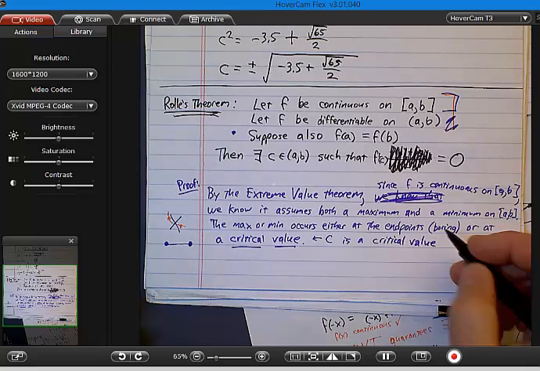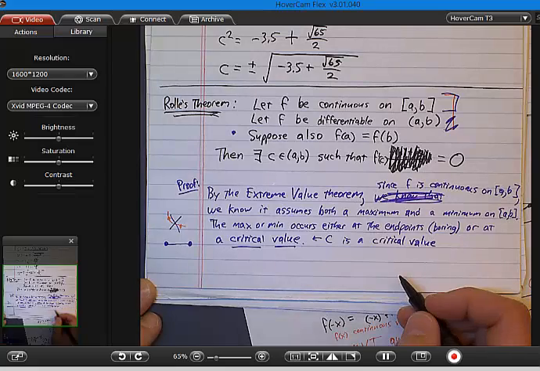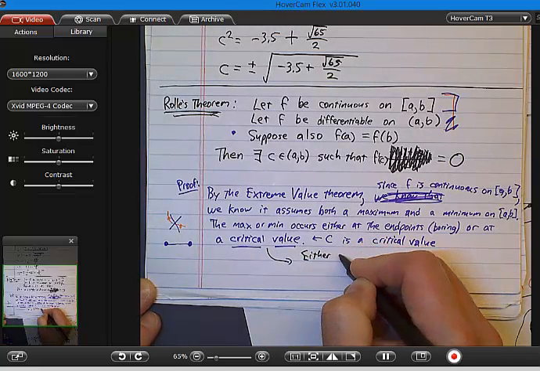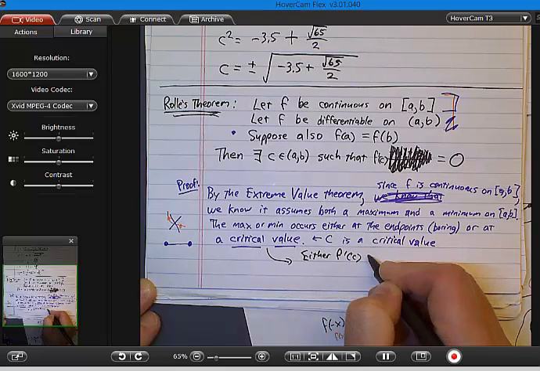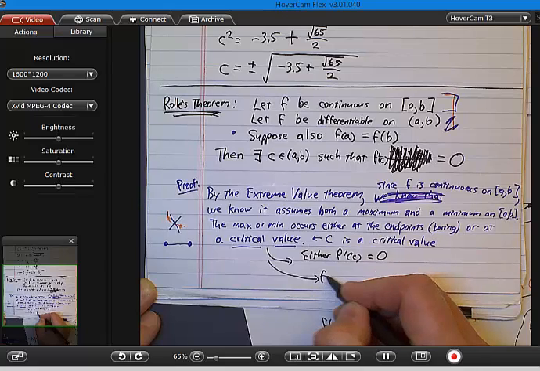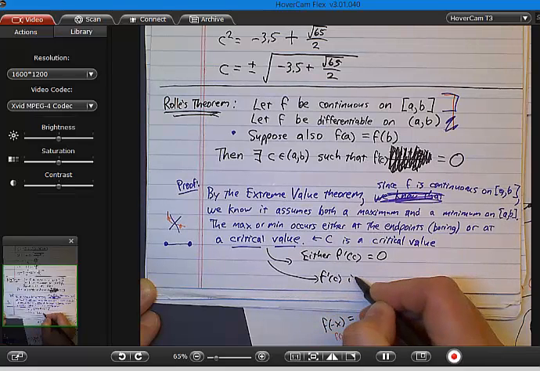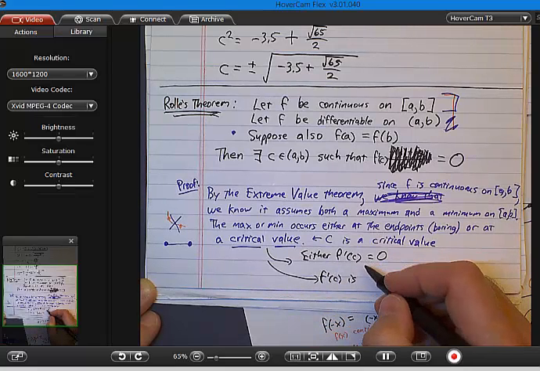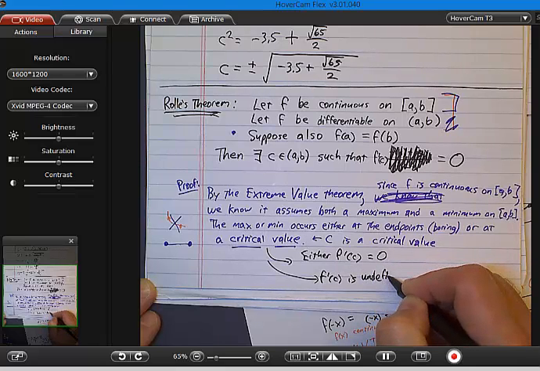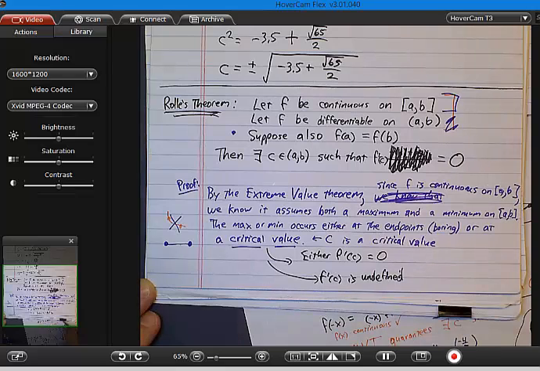Right. So critical values, we know that either f prime of C is 0 or f prime of C is what? Undefined. Yeah, it does not exist. Those are my two possibilities. But wait a minute.